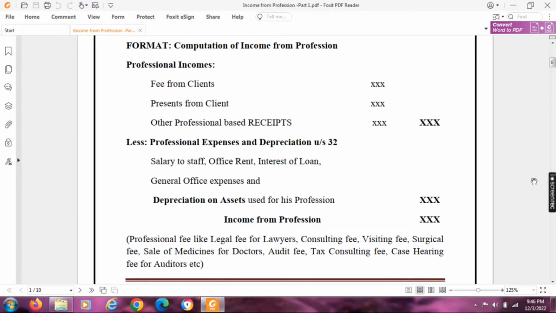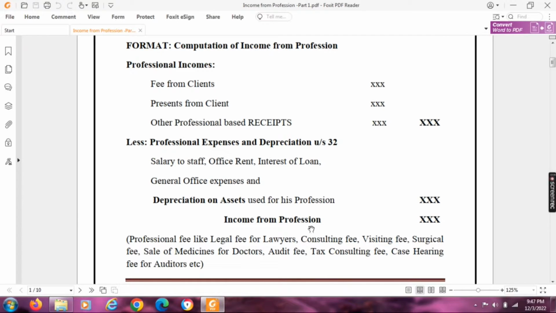First of all, we have to take these things as professional income. In that, less professional expenses and depreciation under section 32 of the IT Act. What are they? Salary to staff, office rent, interest on loan for profession, general office and administration expenses, and depreciation on assets used for their profession. So the balance is income from profession.